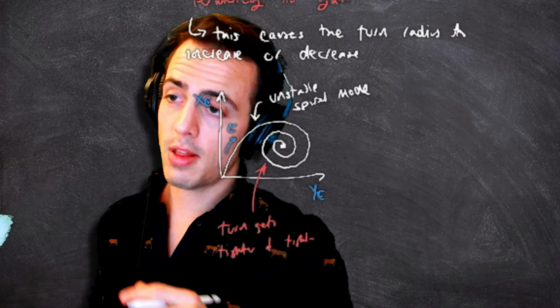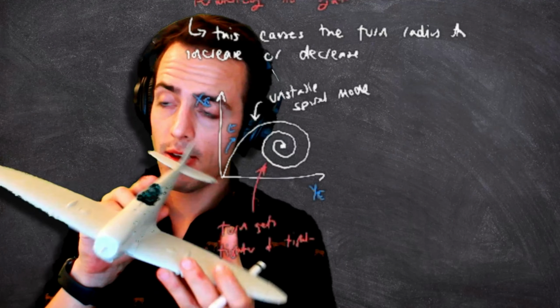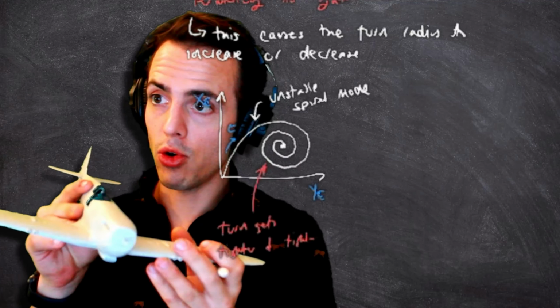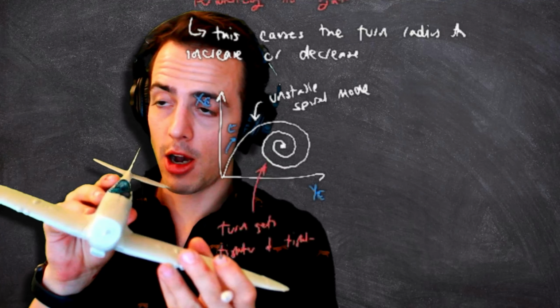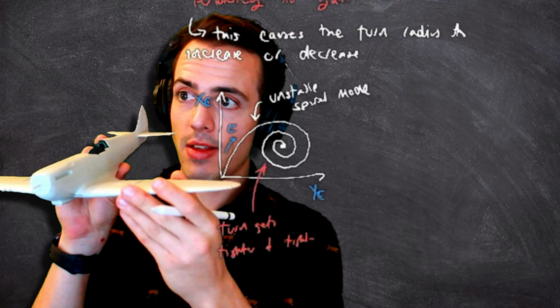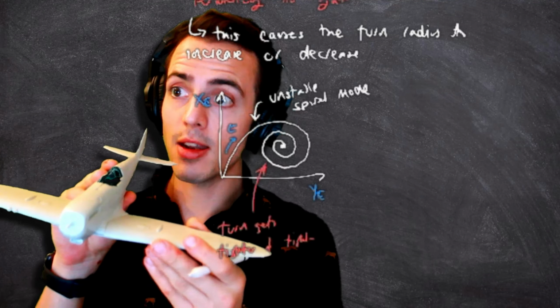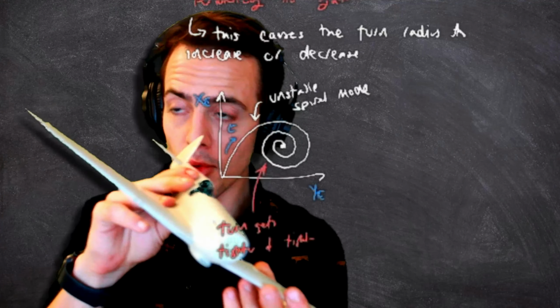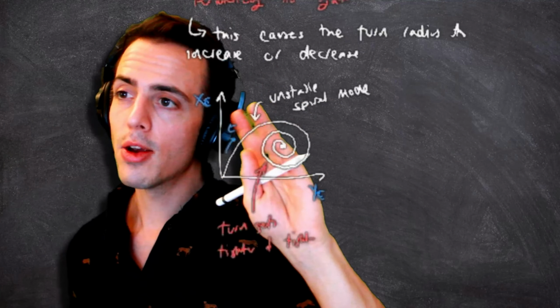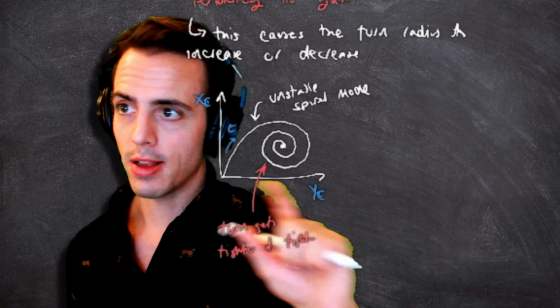And this causes the roll angle to increase, and it causes the yaw angle to increase. So those two things are coupled there. So the aircraft has this tendency that once it starts to turn, it continues to turn more. And that is in line with thinking about how stability traditionally works.